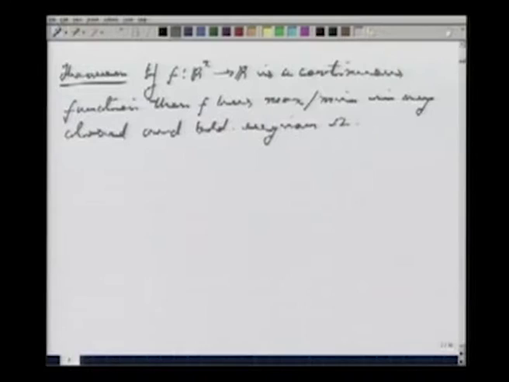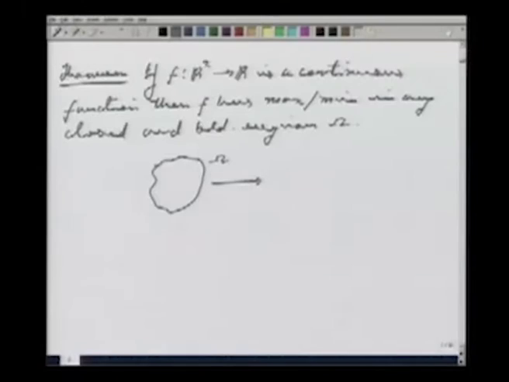Okay, so you take any closed and bounded region omega. Bounded means it can be put inside a disk, and suppose f is a continuous function from here to R, then maximum and minimum of f has to be there in omega.